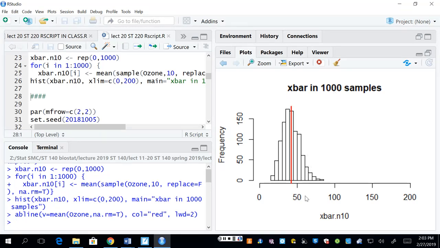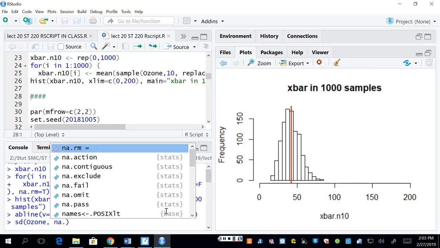And so the standard error should describe the variability here. So it looks like about 42, if this is up to, say 72. 42 to 72 is a distance of about 30, so twice the standard error. So that means the standard error is about 15. And if we do the standard deviation of ozone in the population, that's like the sigma.